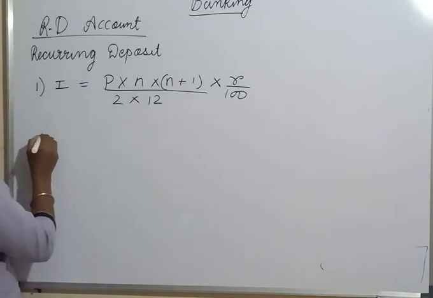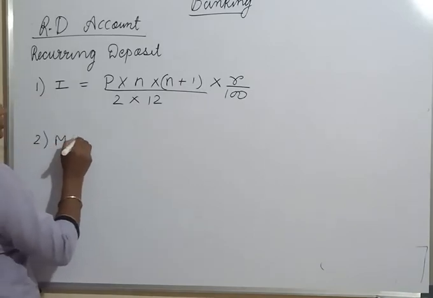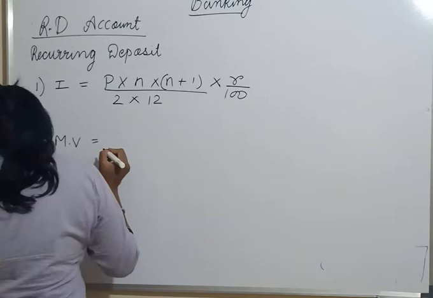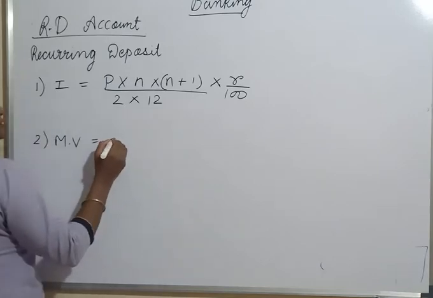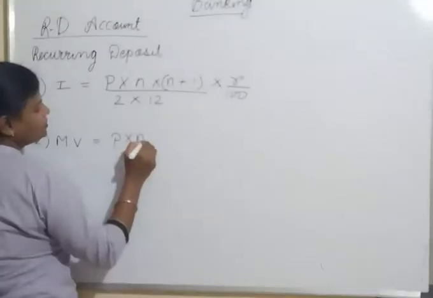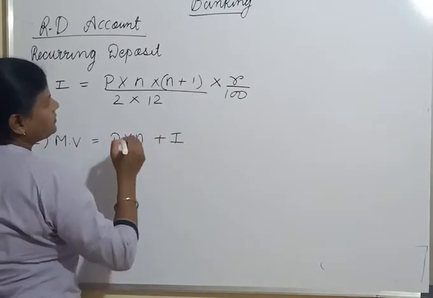And your other formula is for maturity value: Maturity value equals P into N plus I.